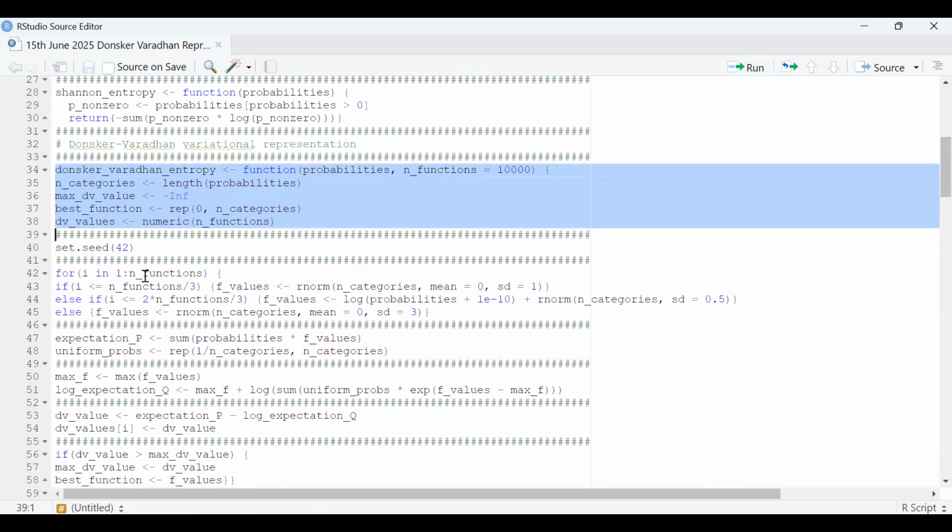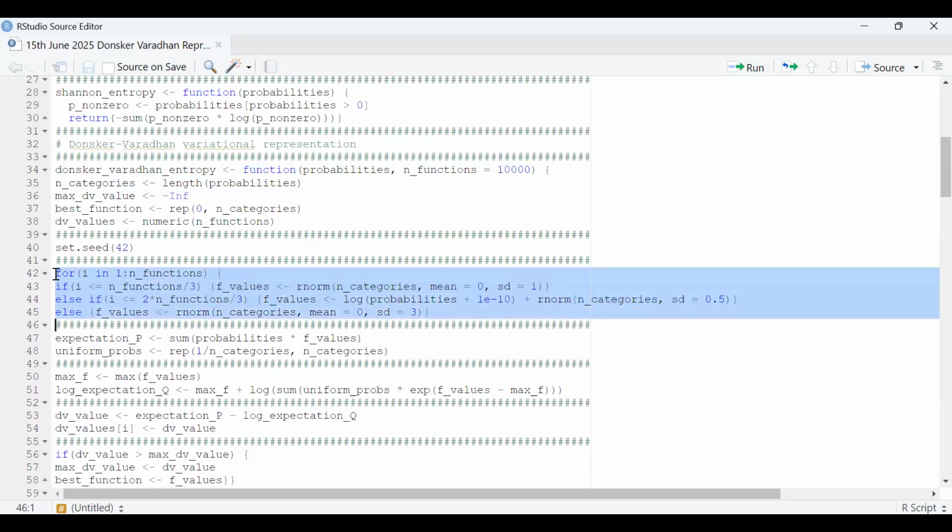Now with the functions I set, essentially I use three different strategies. The first one is a standard normal distribution, so I set random functions with a standard normal distribution.